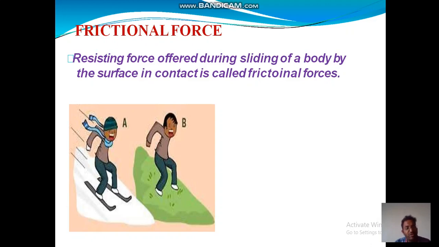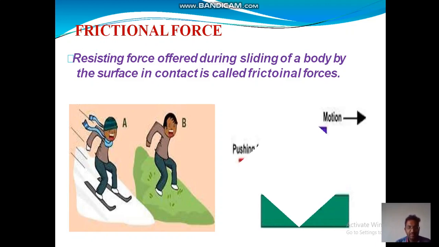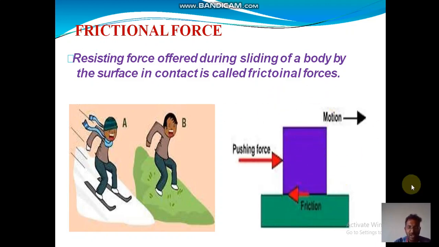If you are standing, there is friction. The same thing here: if the motion is in this direction, automatically your friction is in the opposite direction. This entire concept will come in a further unit.